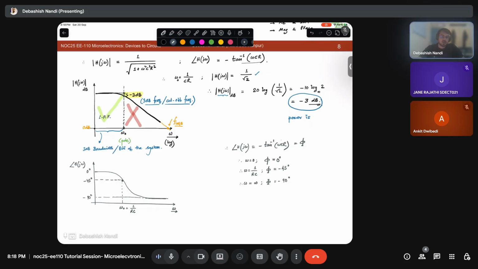So this is your phase plot. Whenever you are studying small signal analysis of a circuit or high frequency analysis, you have to be very comfortable with the Bode plots, both the magnitude plots and the phase plots. These phase plots will give you gain margins, which are important in amplifier designs.